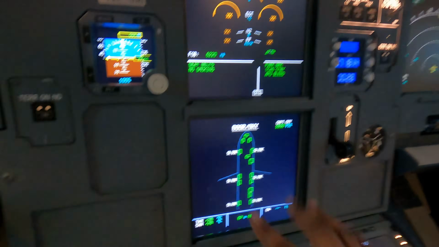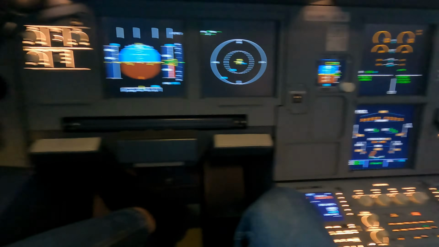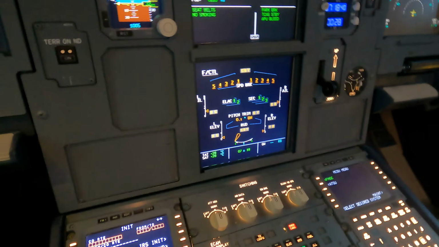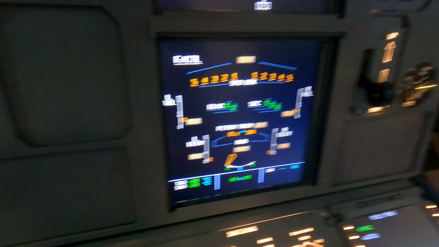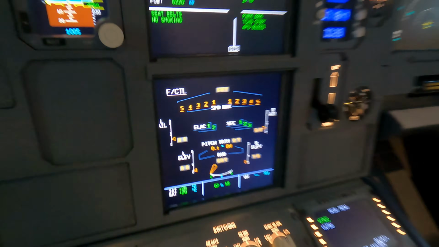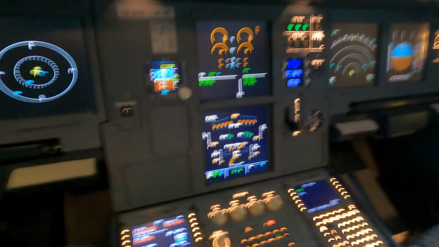So I'm just going to go back to flaps 0. Nothing happened, none of the flight controls moved. I can even move my side stick around, and as you can see, nothing's happening. None of the control surfaces are moving because there are no hydraulics.